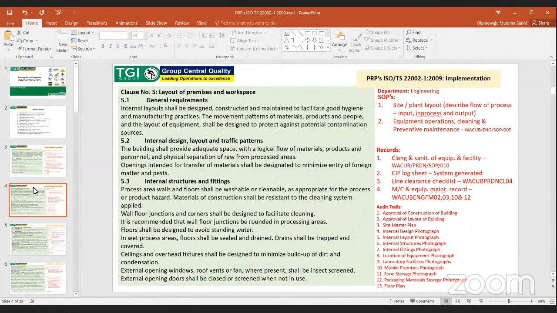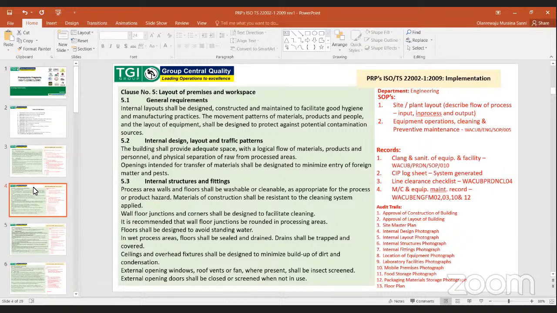So that's layout of premises and workplace, which is also talking about site plan. Then the equipment and the preventive maintenance activities that are in place. And if you look at the SOP, we have WACI BNG SOP 005. It's handled by engineering department.